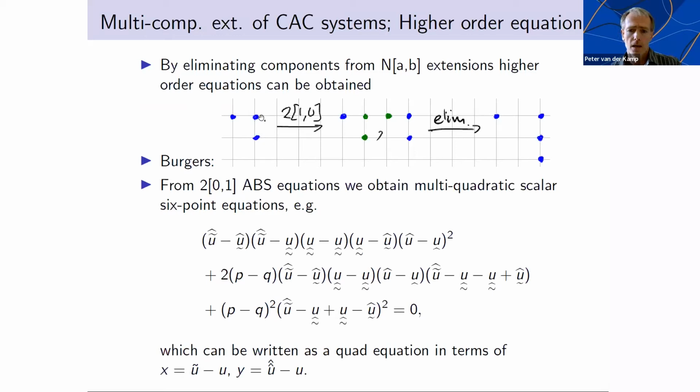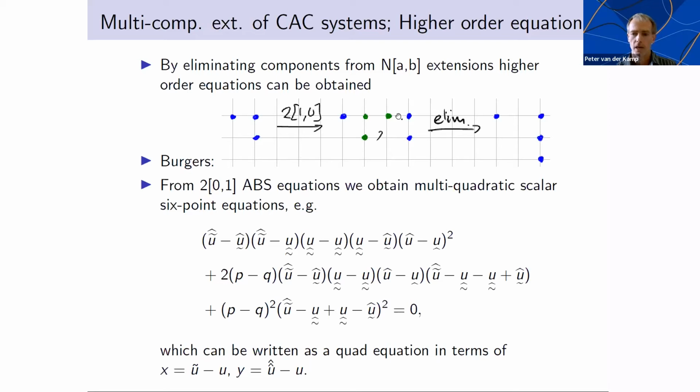Here is an example of how you can eliminate components. So this could be a Burgers equation, a 3-point equation. If you then do a 2-component extension, if the blue is the variable u, you can introduce a variable v, so you get 2 equations for 2 variables.